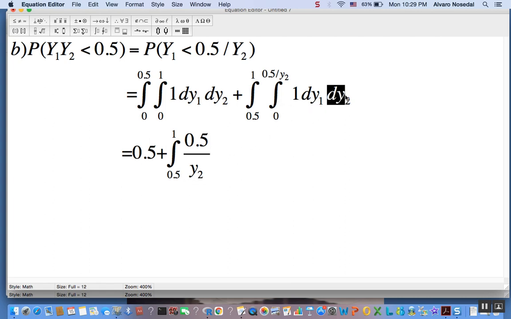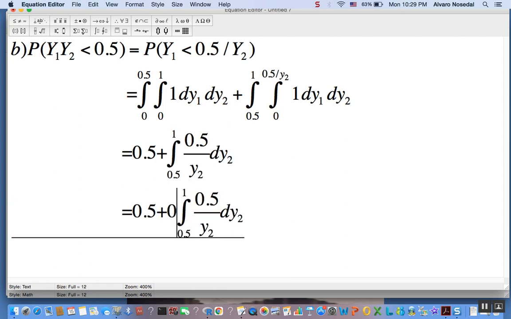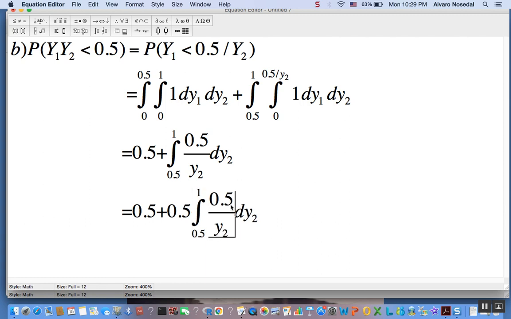And then we have to integrate with respect to the second variable. Now we have 0.5 here. We get to factor out that constant, we know that from calc, so let me place that constant outside. Now we just need the integral of 1 over y2 with respect to y2, and that's just the natural log of y2.